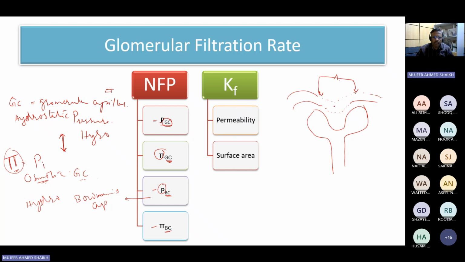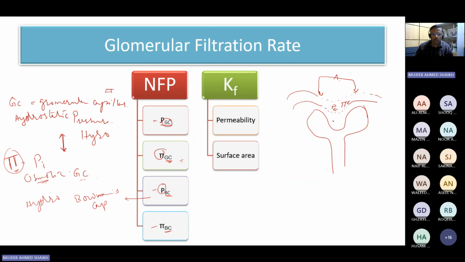In this area, inside, you will have hydrostatic pressure in the glomerular capillary. You also have protein, which is giving osmotic pressure. So it is pi GC, in the capillary.